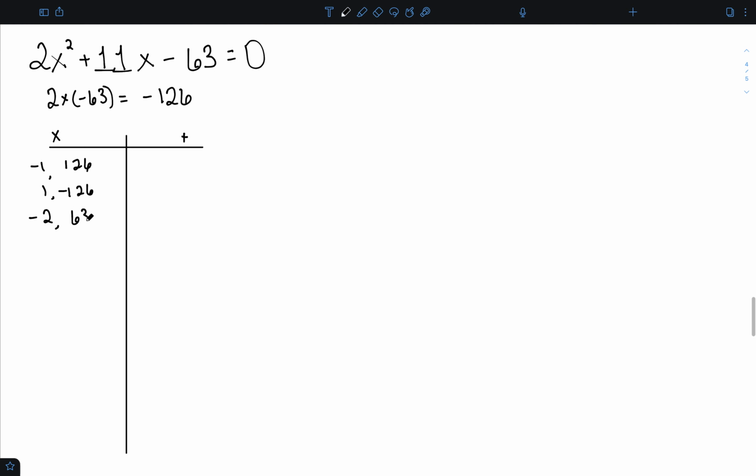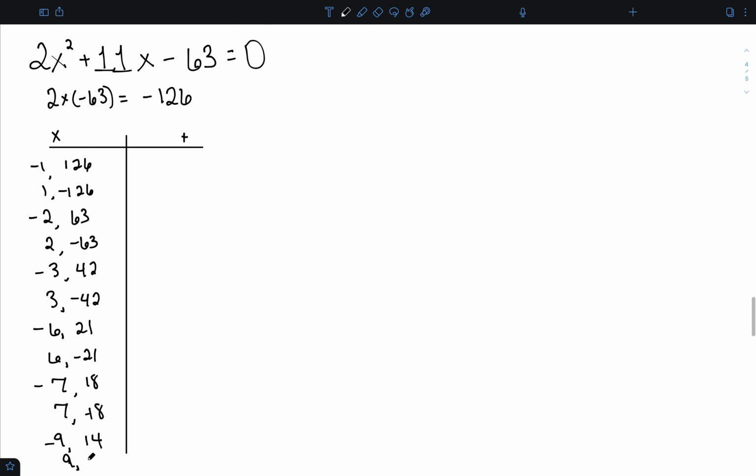Negative 2 and 63, or 2 and negative 63. Negative 3 and 42, or 3 and negative 42. Negative 6 and 21, or 6 and minus 21. Negative 7 and 18, or 7 and negative 18. And finally, negative 9 and 14, or 9 and negative 14.